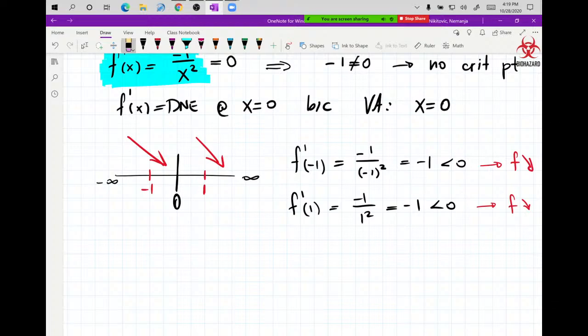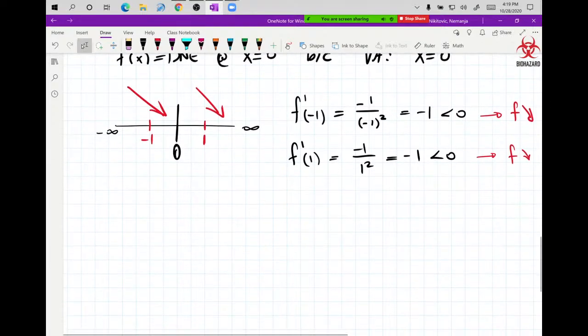You learned that in section 2.6 on rational functions. That's when you learn specifics of the 1 over x function. All of those things that you have learned there about this 1 over x rational function, we now confirmed using the calculus first derivative test. So no min and max, always decreasing, vertical asymptote at x equals 0.